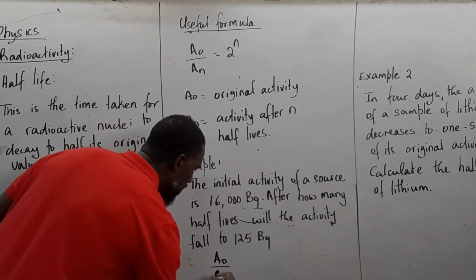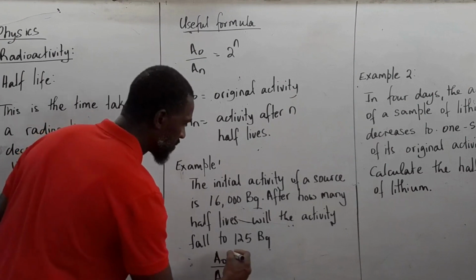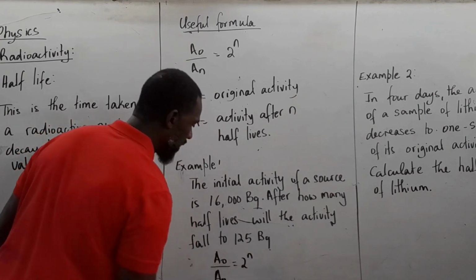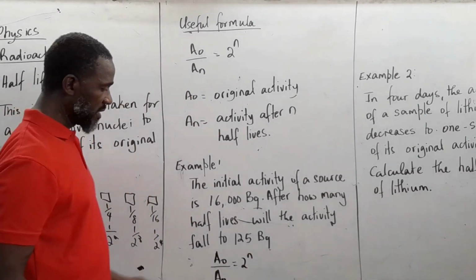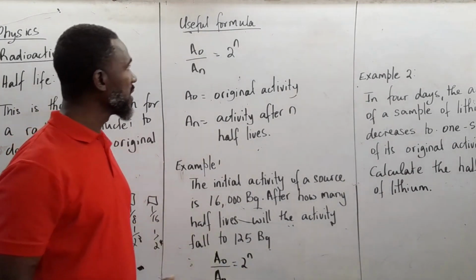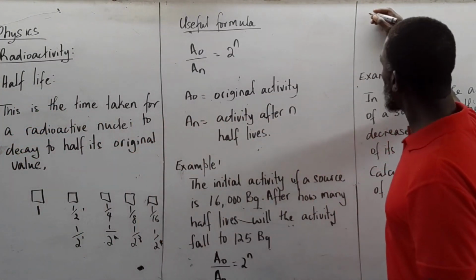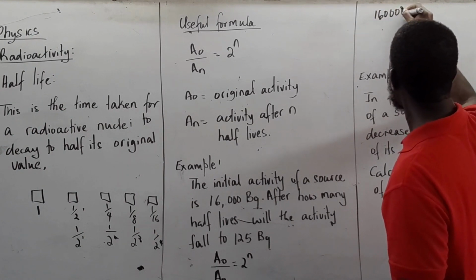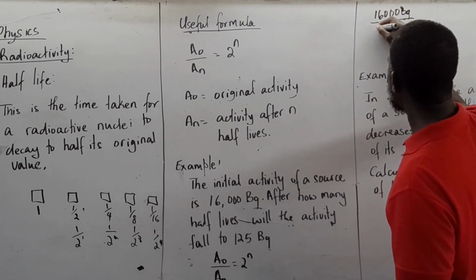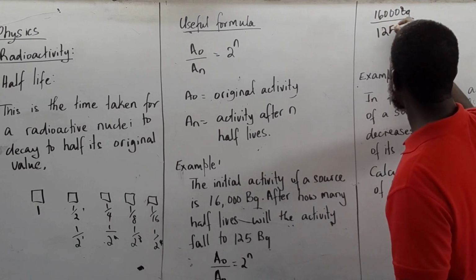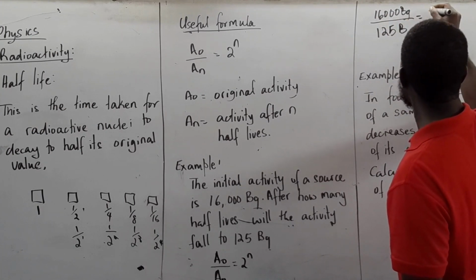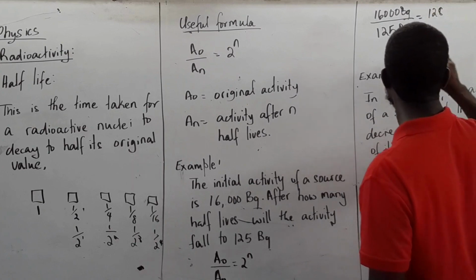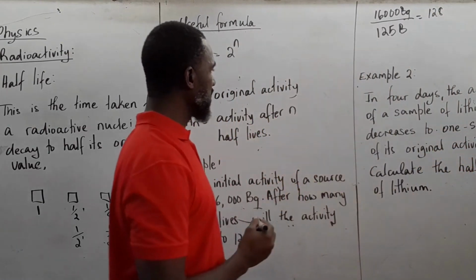A0 divided by An is equal to 2 to the power n. Then A0 would be equal to 16,000 becquerels divided by 125 becquerels. And that is going to be equal to 128. What does this 128 represent?